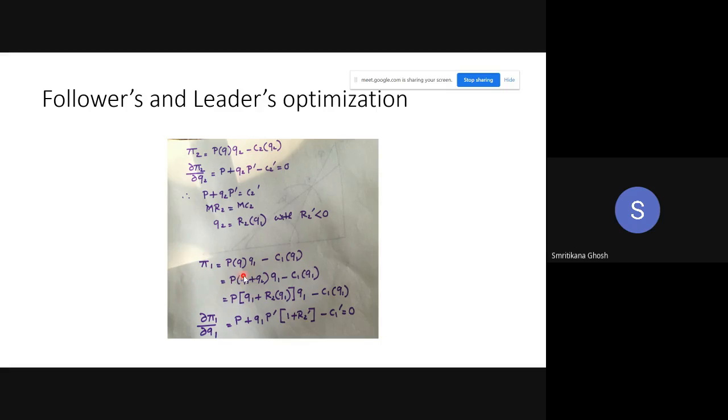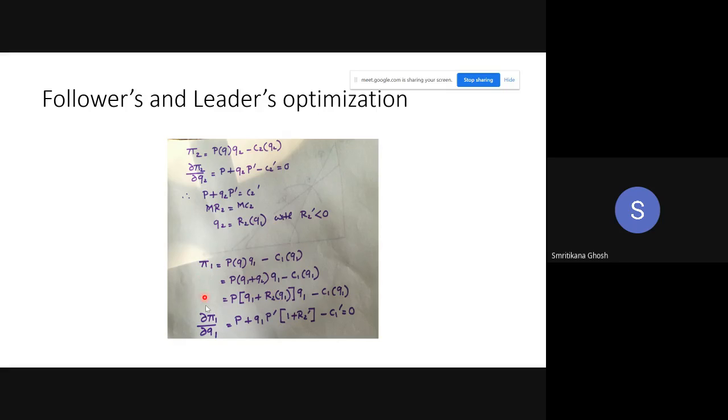But here look, p is a function of q1 and q2. Since q2 is a function of q1, you can replace this part. q2 is replaced by its reaction function, that is R2(q1), and all other things are the same.